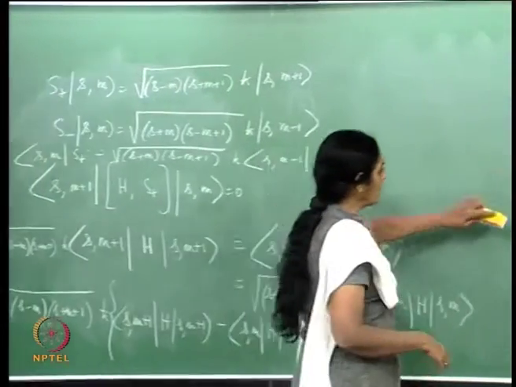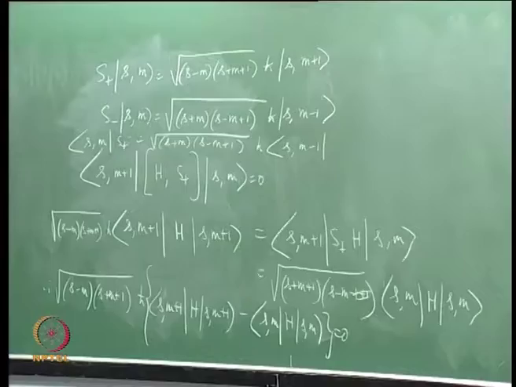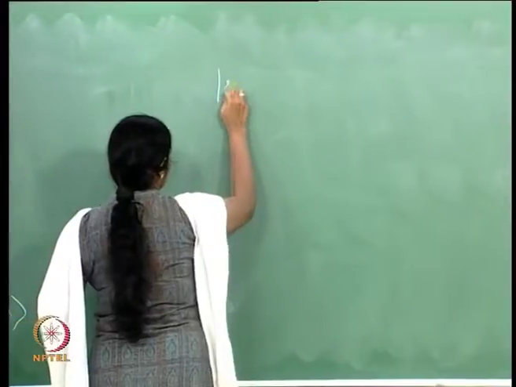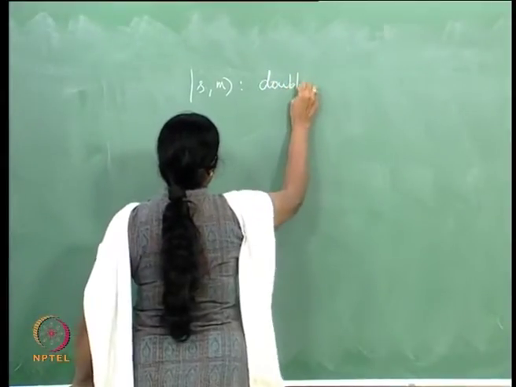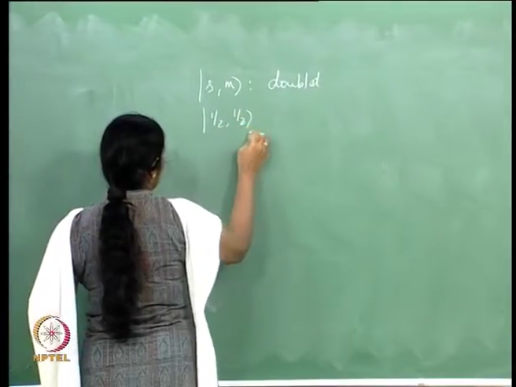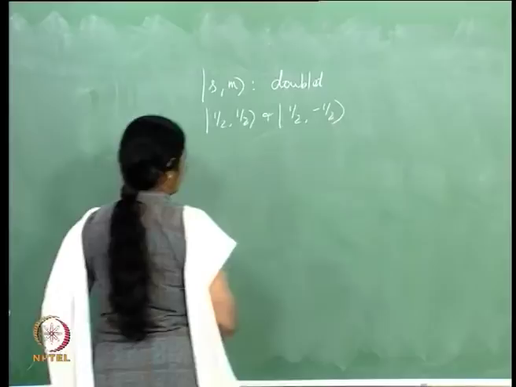So let me look at the spin doublet, for instance. What does this mean for the spin doublet? In the case of the spin doublet, I have s is half and m is half, and s is half with m minus half.